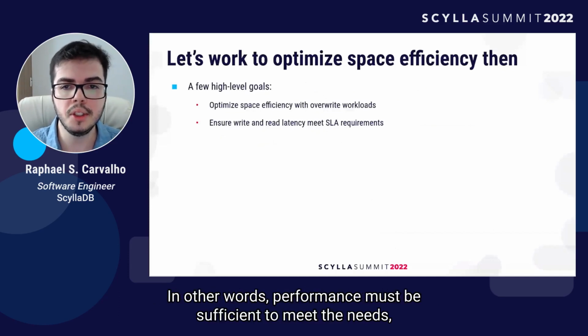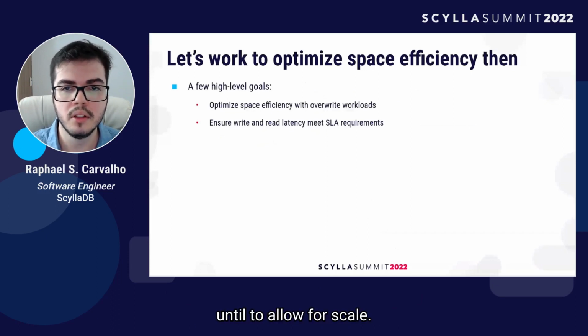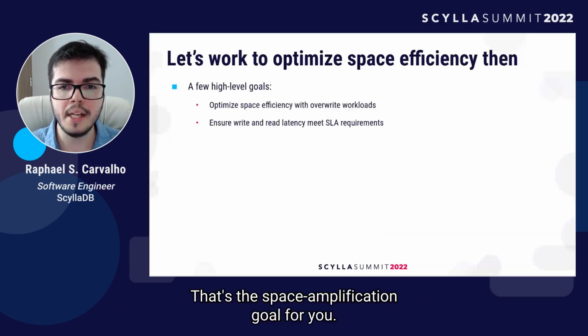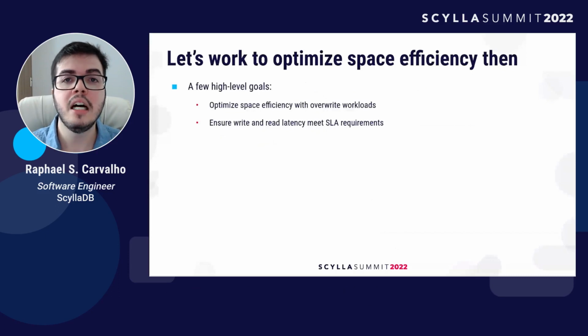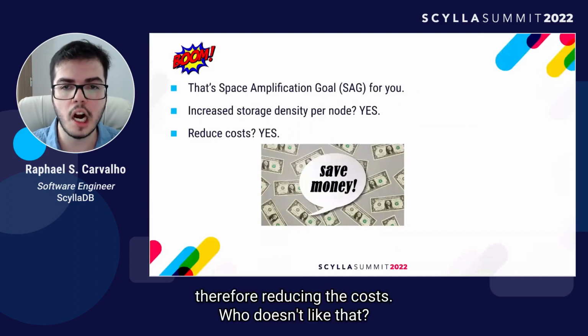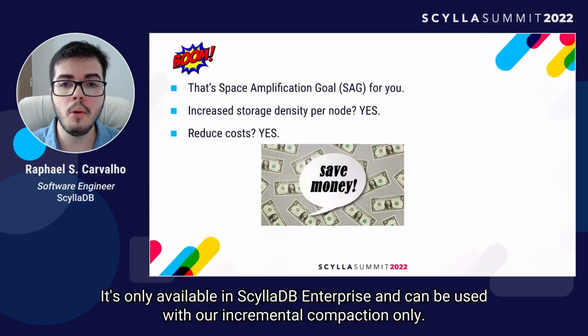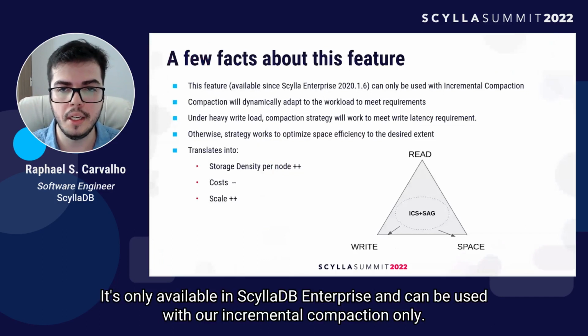In other words, performance must be sufficient to meet the needs, but space efficiency should be as good as possible to allow for scale. That's the space amplification goal for you. A feature that will help you increase storage density per node, therefore reducing the cost. Who doesn't like that? It's only available in Scylla Enterprise and can be used with incremental compaction only.